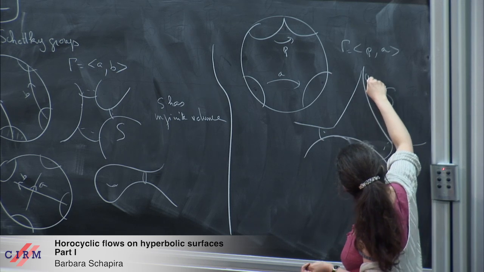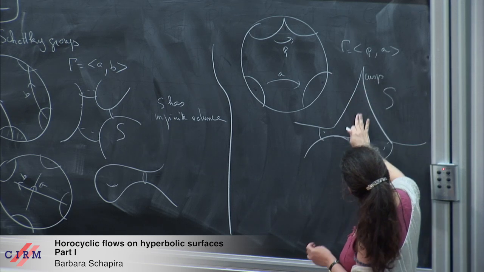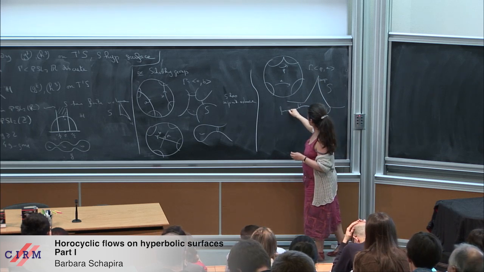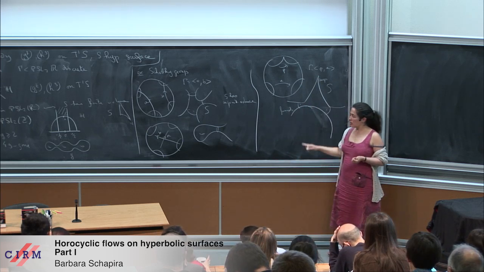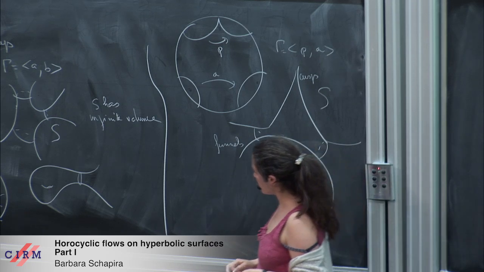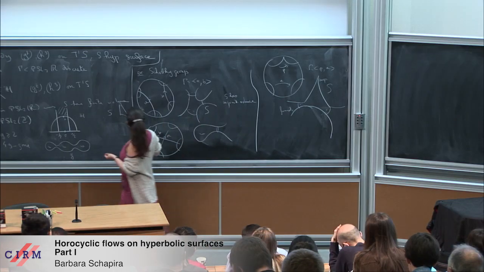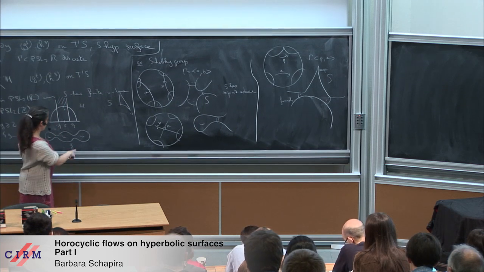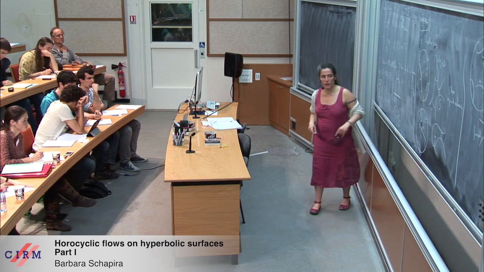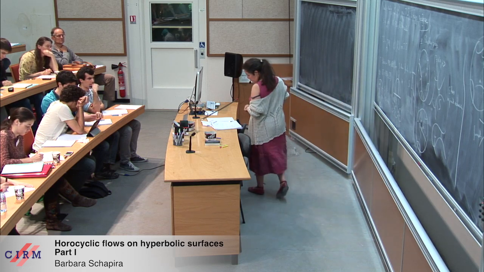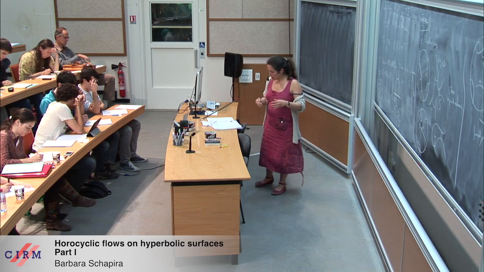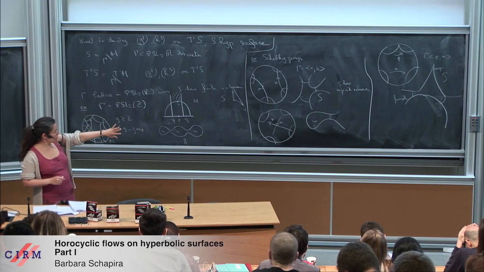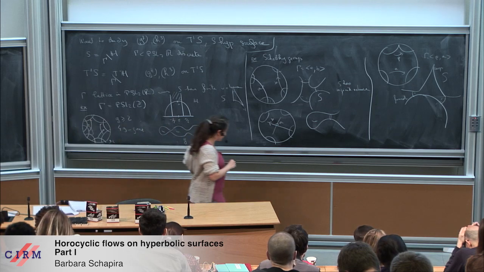So this surface has two types of ends. It has cusps, which are ends with finite volume, and it has what are called funnels, trompette in French, which have infinite volume. And so here you had just one end with finite volume, or finitely many ends with finite volume, and here no ends because the surface is compact. And I don't want to restrict the statements to such surfaces where all the fundamental groups are finitely generated.